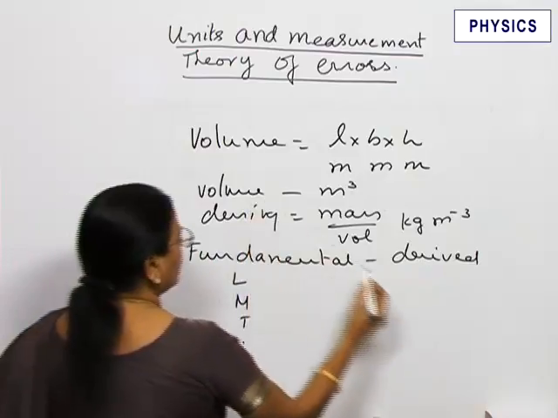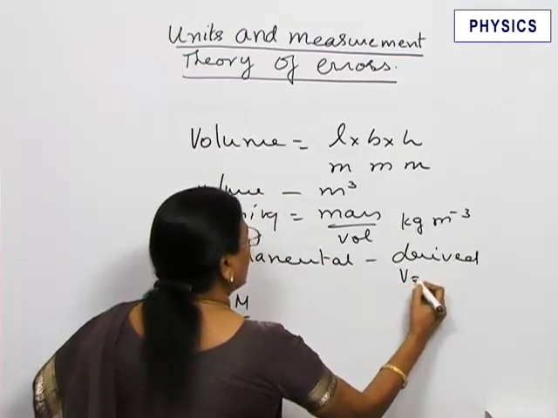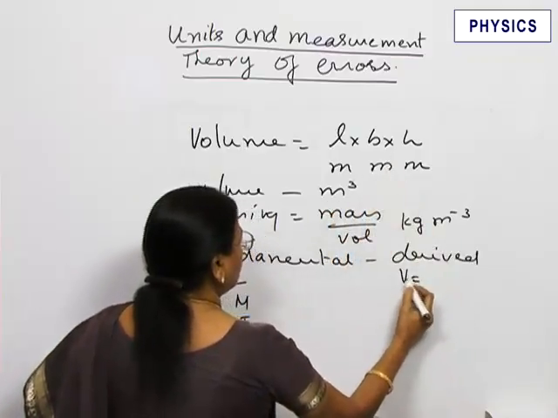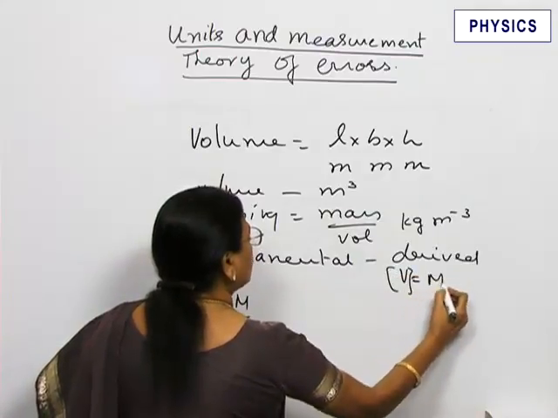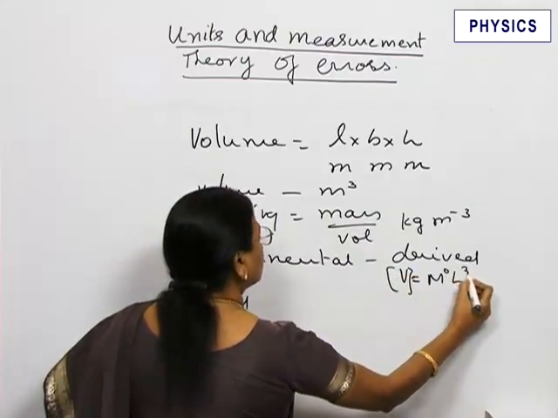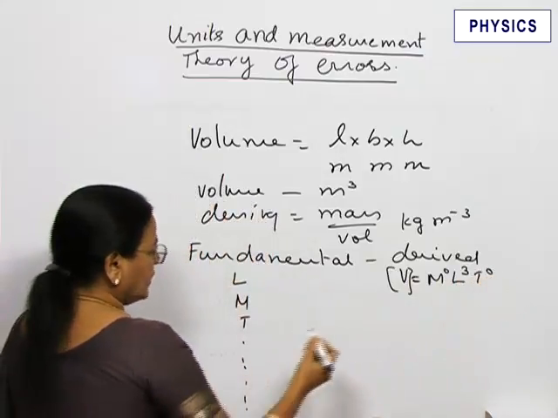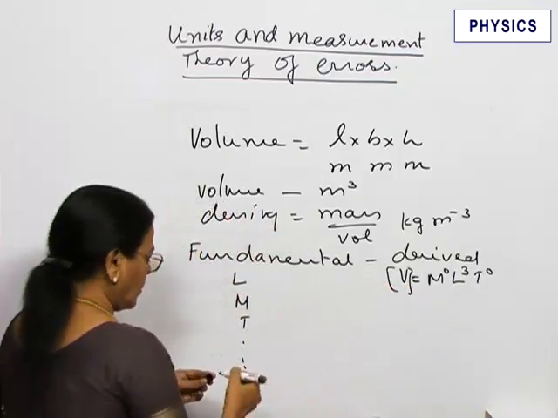For example, volume is length power 3. So, we can express the dimension of volume as mass power 0, length power 3, time power 0, which means this is the dimensional formula for this physical quantity.